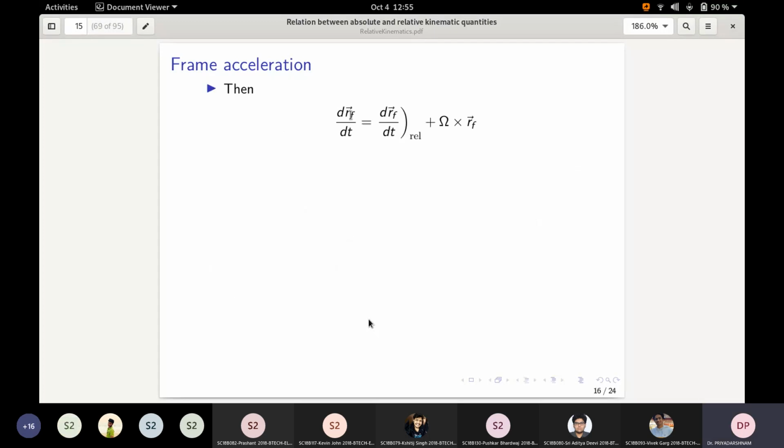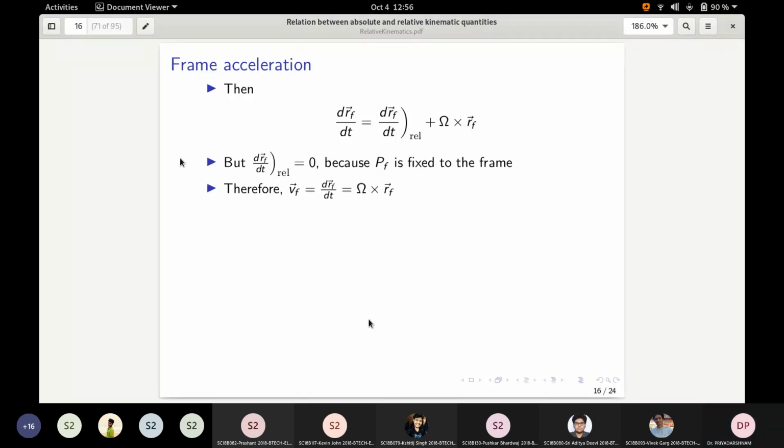So we are trying to compute what dRF by dt is. By definition, it is the relative movement, which is 0 because it is fixed to the frame, plus omega cross RF. So the velocity is given by omega cross RF. This is the eastward velocity you will feel if you are standing on the surface of the Earth.